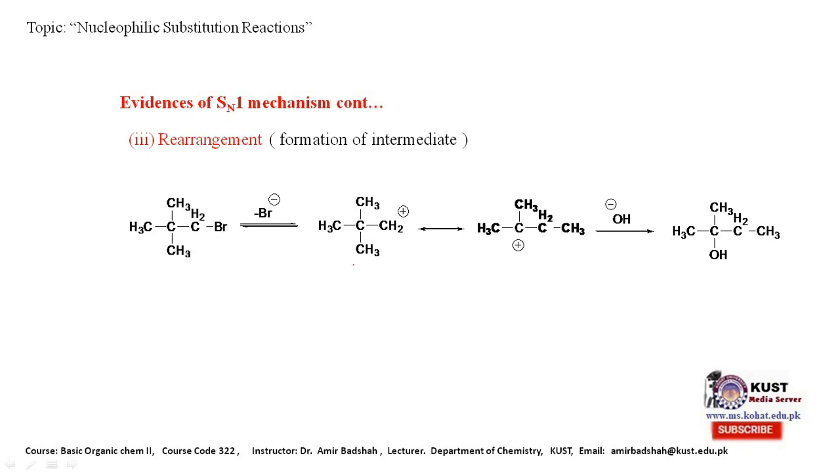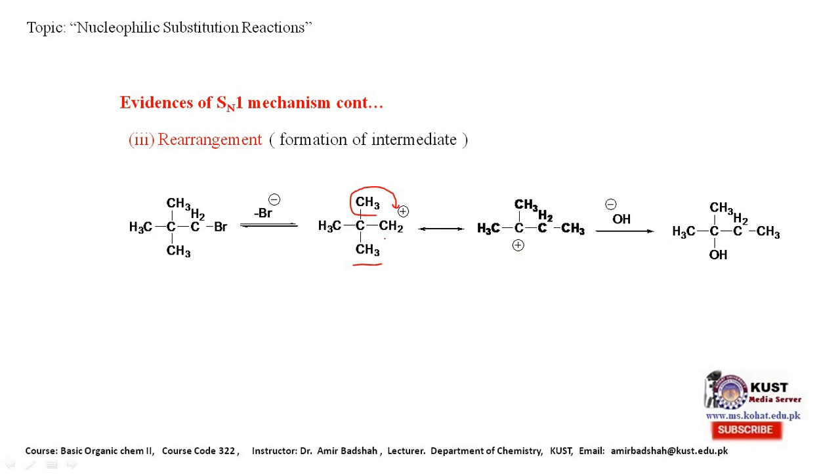This carbocation is a primary carbocation, and we know that a primary carbocation is less stable than a secondary, and a secondary carbocation is less stable than a tertiary carbocation. So in that case, this methyl group leaves along with its electrons and will attack at this position, and we can get this carbocation which is a tertiary carbocation. And why did it happen here?